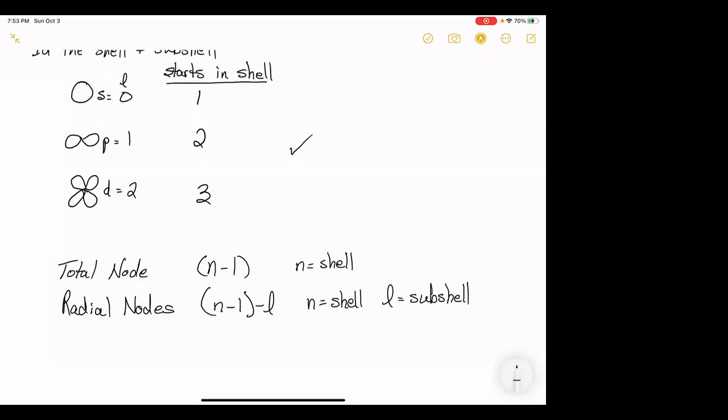So when we're looking at this, it is this L number that we're subtracting. And then your angular nodes is equal to the total nodes minus the radial nodes. So those are the formulas we're going to need.